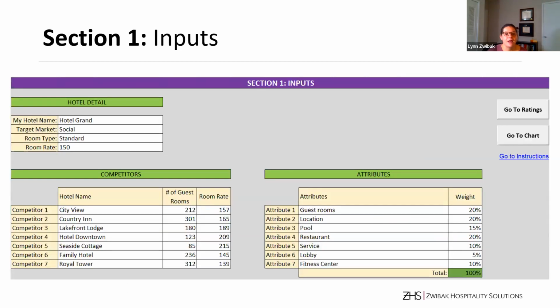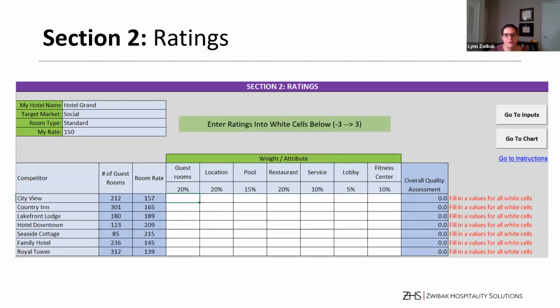So once you do all that, your section 1 is going to look like this, or something like this. And you can click on the Go to Ratings button and move down to the next section, which will look like this. You can see the information on your hotel, the competitors, and the attributes copied over.